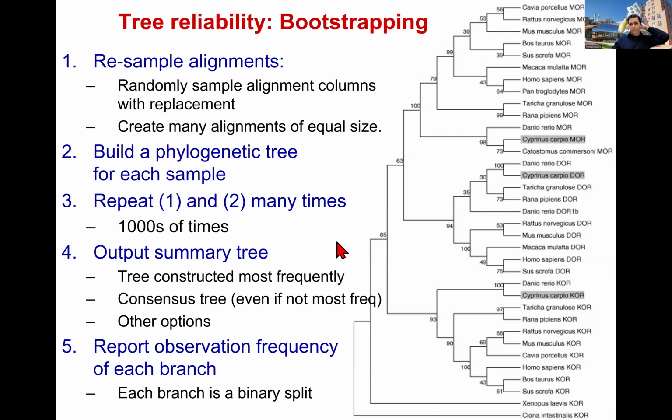Okay? The last component is that I want to estimate some kind of reliability, because every single time I have an alignment, that alignment is a sample. Every time I have a species, that species is actually a sample. Every time I pick an individual from that species, that individual is a sample, and so on and so forth.